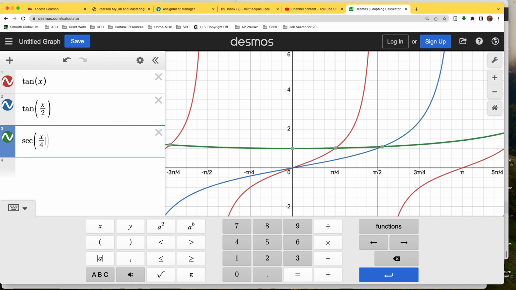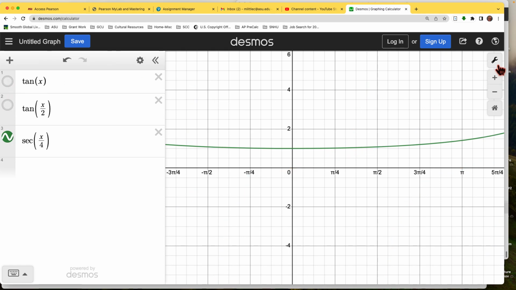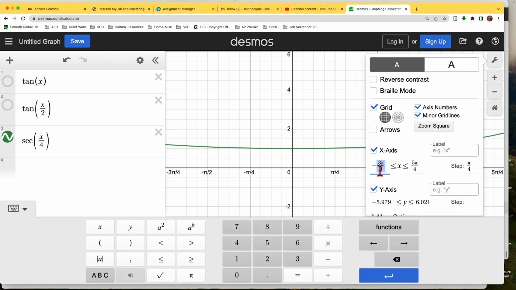And again, we see what it's doing. We haven't adjusted our window or anything. Let's turn these ones off. And again, we could adjust our window for this one.